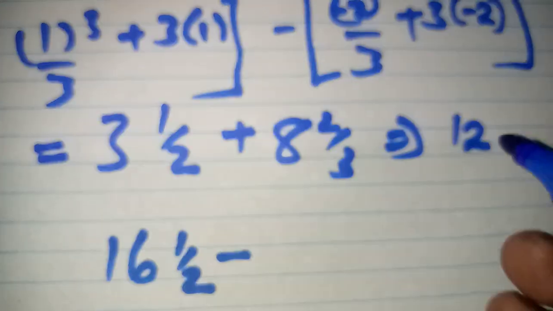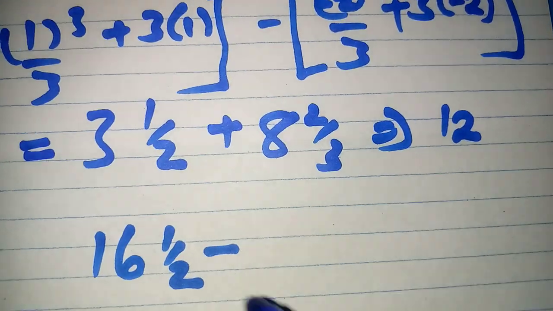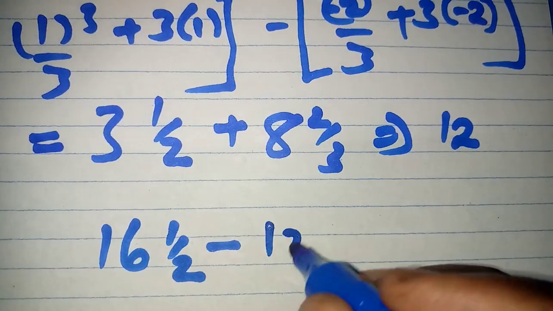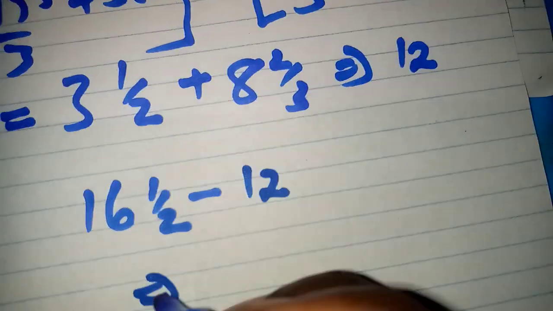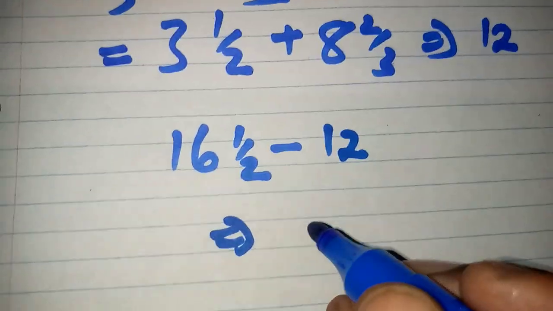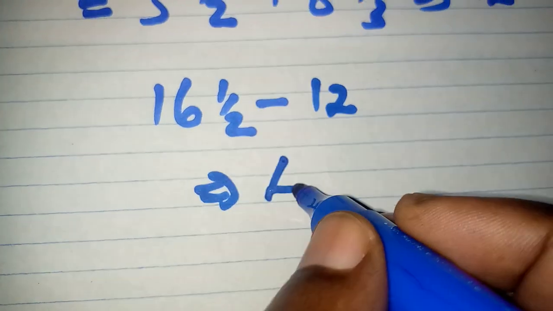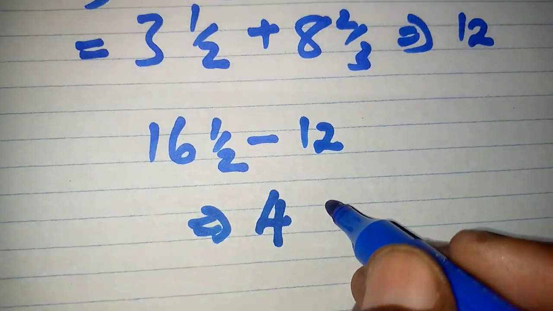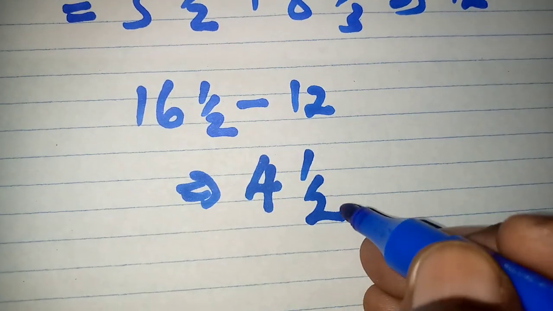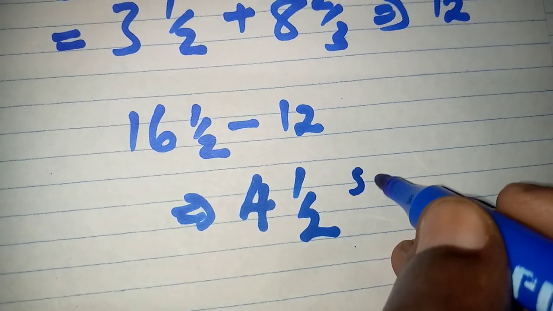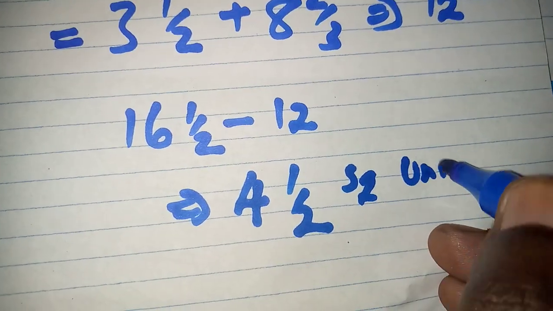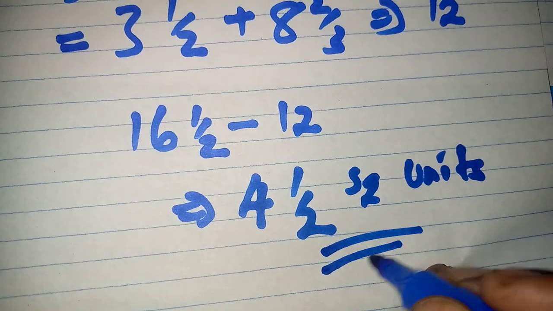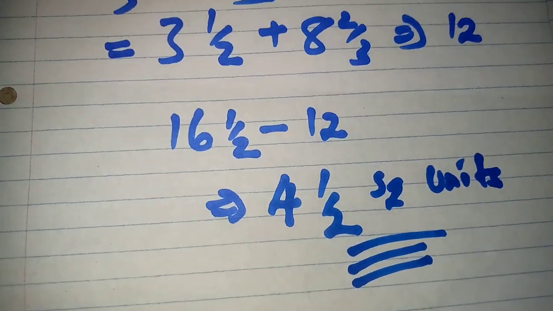Now the region bounded by the curve, or under the curve, is 12. If you do the subtraction, then of course my answer is going to have 4.5 square units.